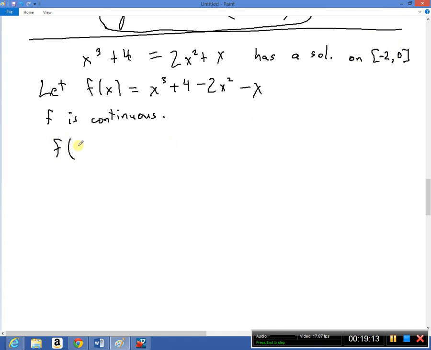At negative 2, if you check out f of negative 2, you get negative 2 cubed plus 4 minus 2 times negative 2 squared minus negative 2, which turns out to be negative 8, plus 4 is negative 4, and then this is minus another 8. So it's negative 4 minus 8 is minus 12, and then plus 2 is minus 10.